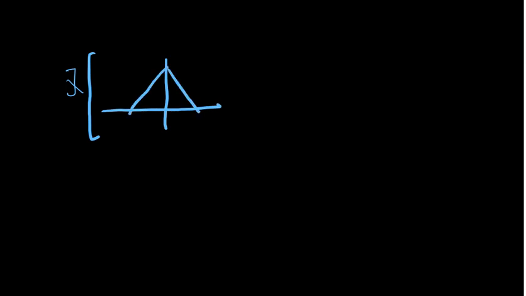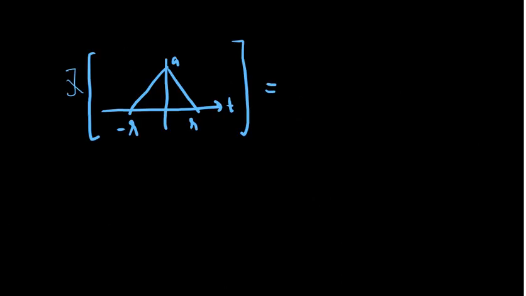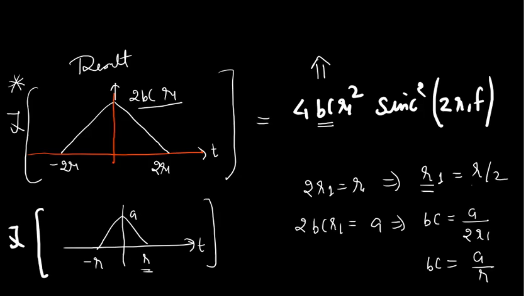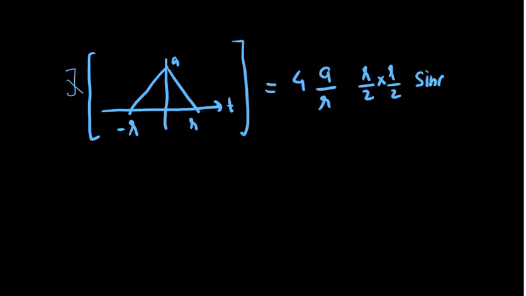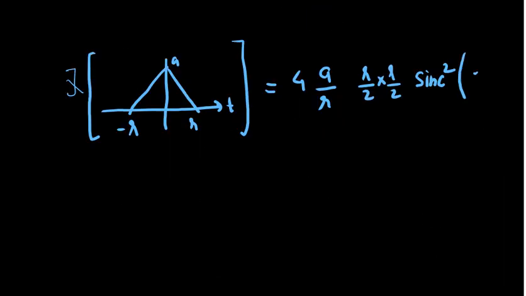So our final result is that the Fourier transform of this signal comes out as BC replaced by A by R, so A by R, R1 is R by 2, so R by 2 into R by 2, sinc squared of 2 into R1 into f, where R1 is R by 2.